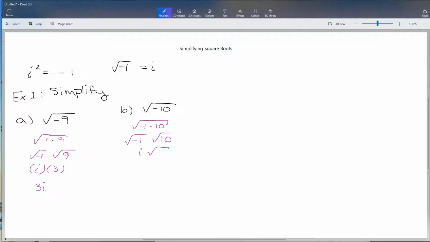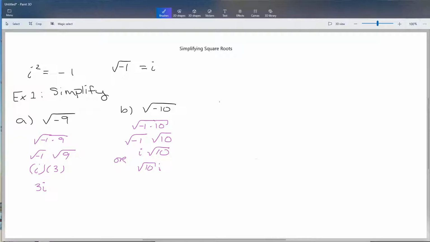This time, 10 does not have a square root, so we're just going to leave it as the square root of 10. You could write this as square root of 10 times i, but you just have to be careful to show that the 10 is under the square root and the i is not under the square root. So either one of these forms is okay.